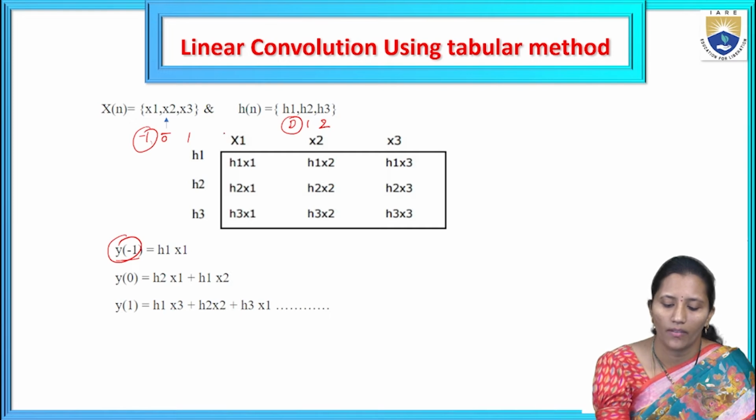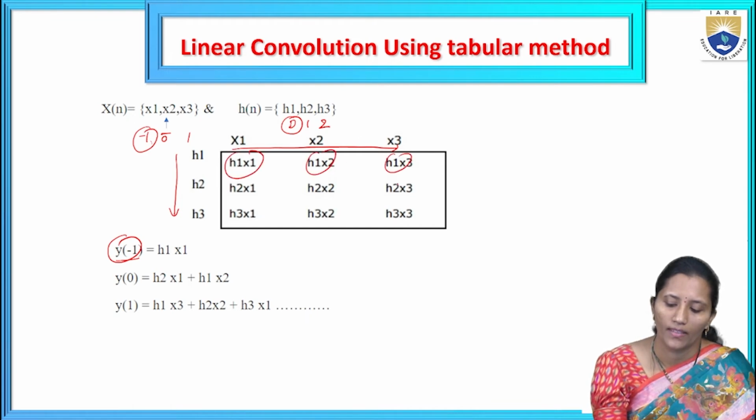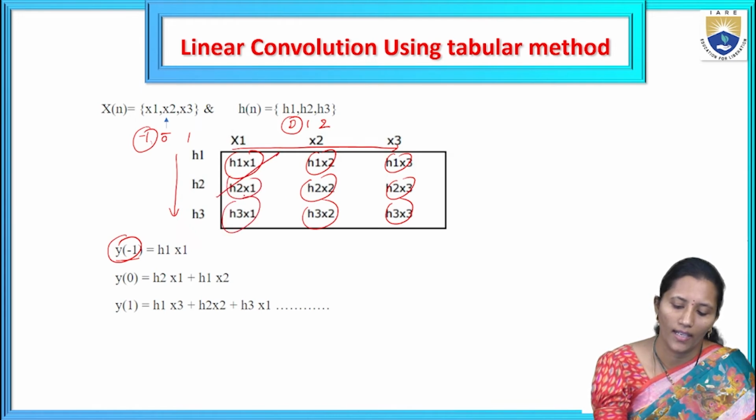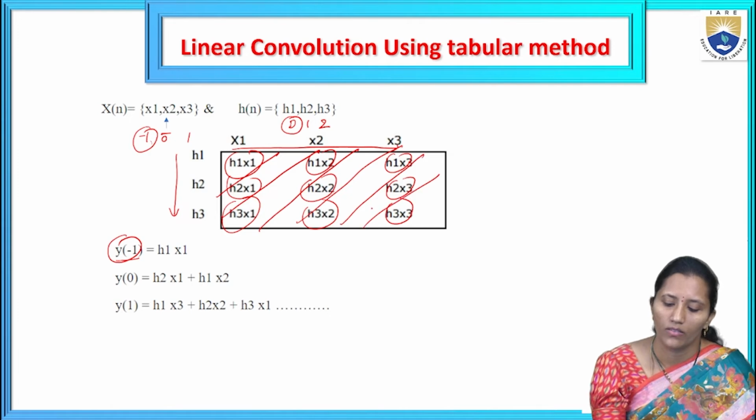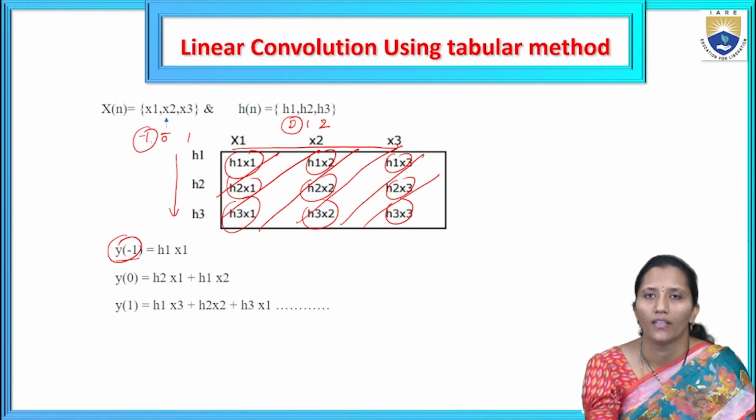So here, first represent any sequence row-wise, x1, x2, x3, and h1, h2 column-wise. Multiply each value with the corresponding x values and you will get the products. Then draw the diagonal lines. The corresponding diagonal line values will be added.